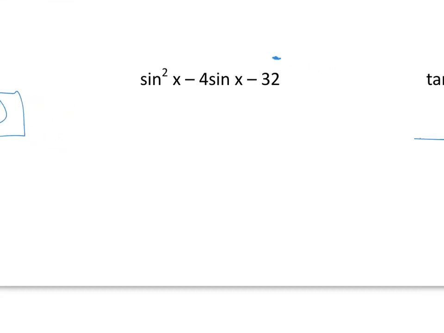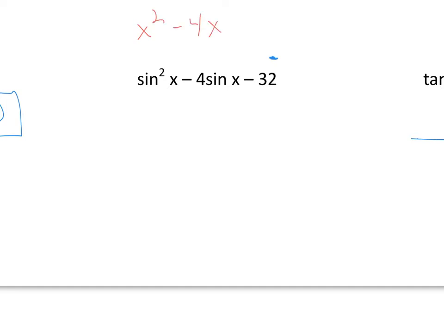If I look at something like what's in the middle here, this is rather fascinating because it looks like a quadratic expression, except the variable is a sine function and not anything else. So if you think of this as x squared minus 4x minus 32, well, certainly you can factor that into x minus 8 and x plus 4. That shouldn't give you any trouble.